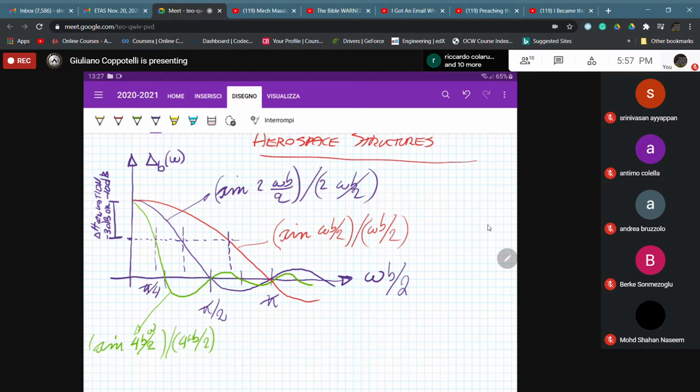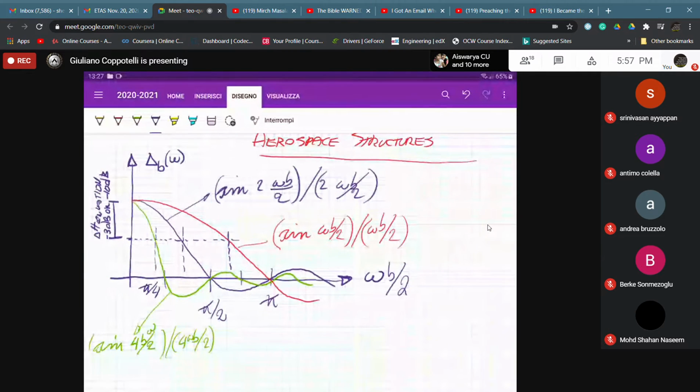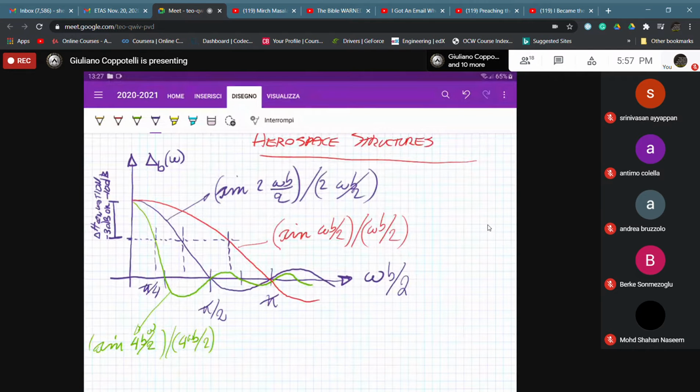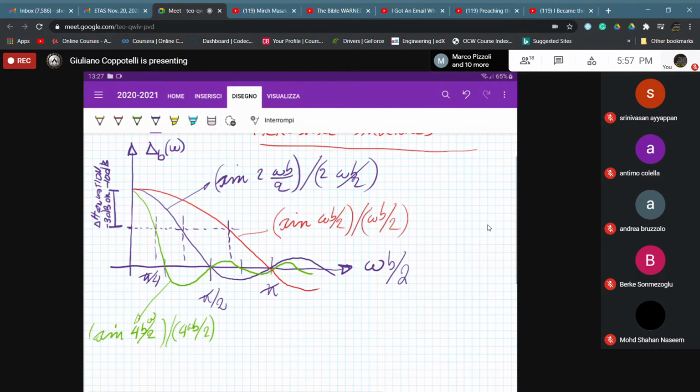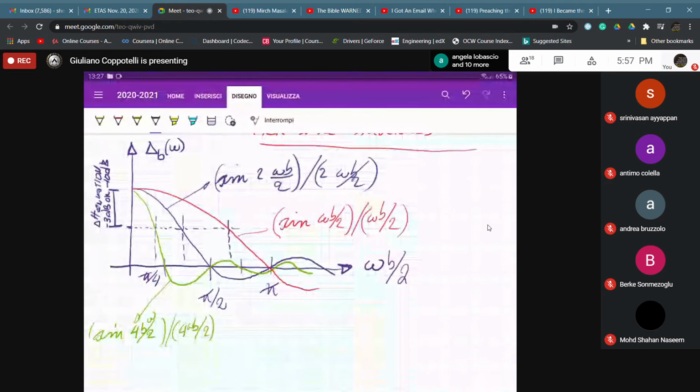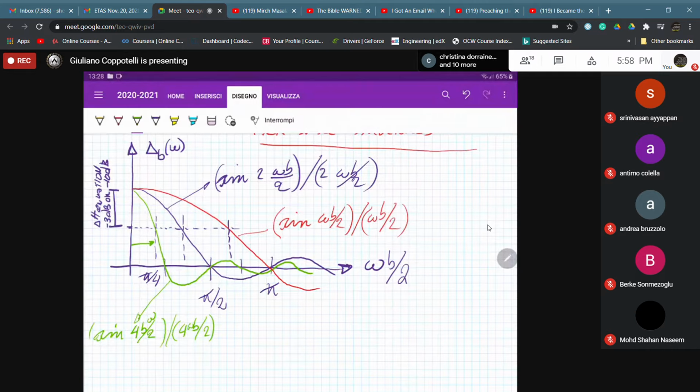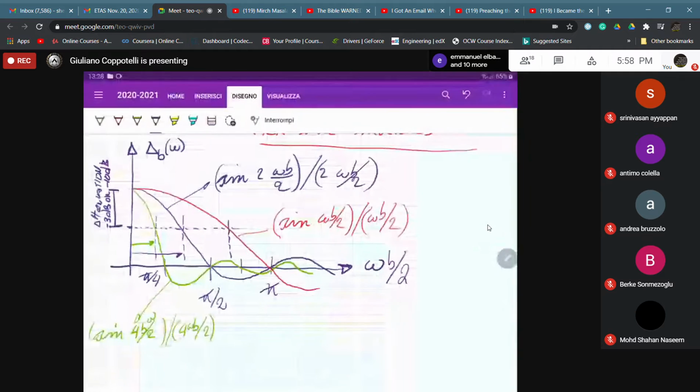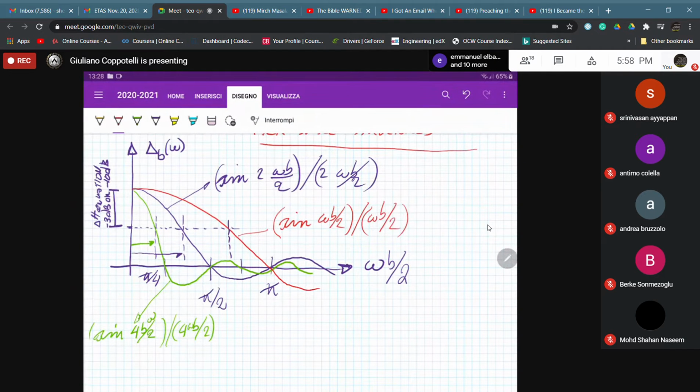This crossing with the information on the x-axis is telling you the maximum frequencies that you can excite within your configuration, within your acquisition setup, that is exciting the structure with the prescribed amplitude of vibration. So what you have is this one, or the blue one, or the red one.